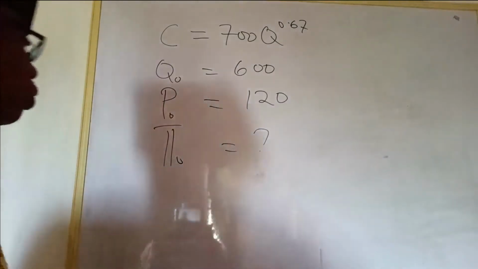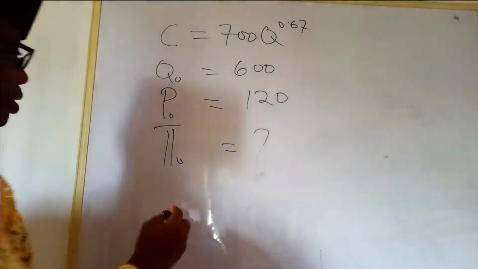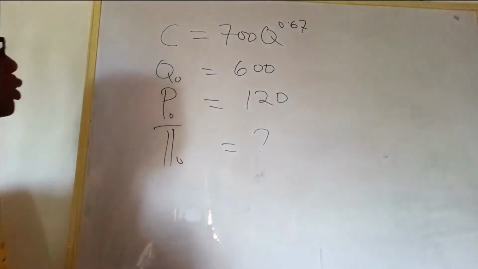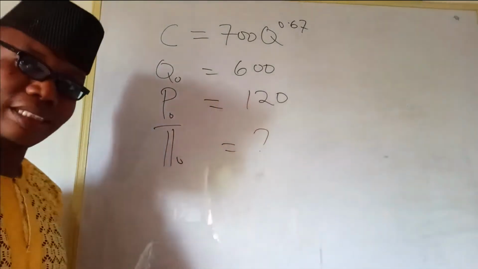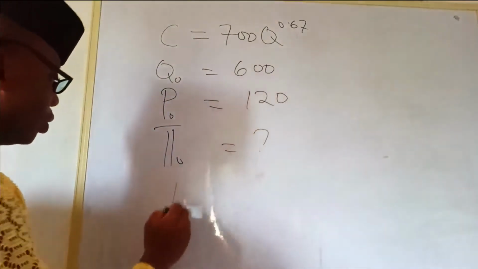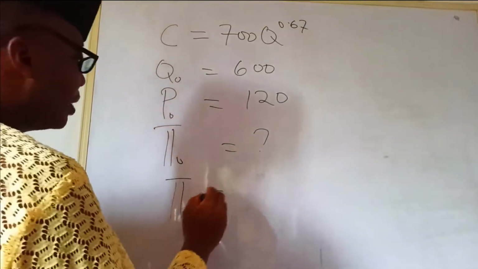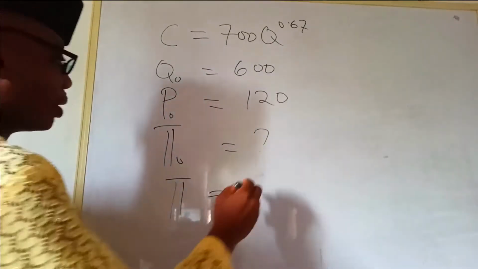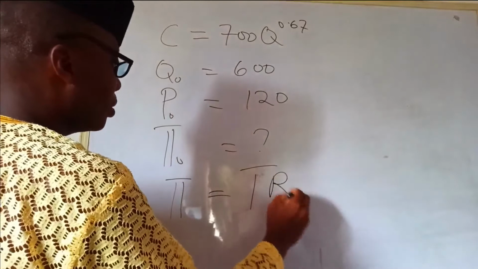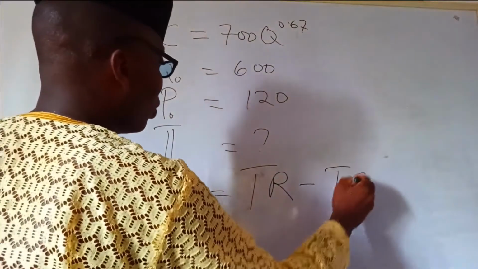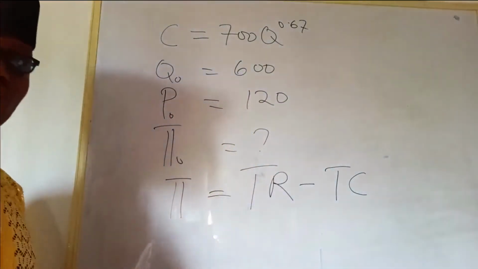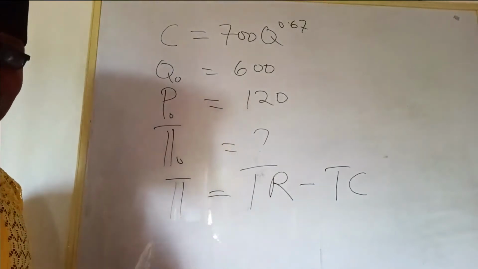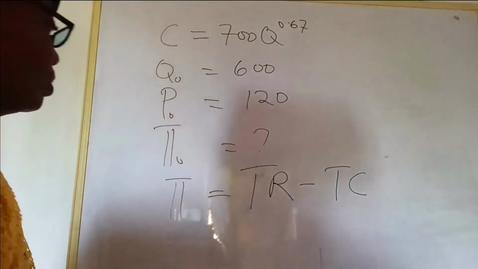We already know that for us to calculate profit, every layman knows that profit is simply total revenue minus total cost. We just did that earlier on. Total revenue minus total cost.